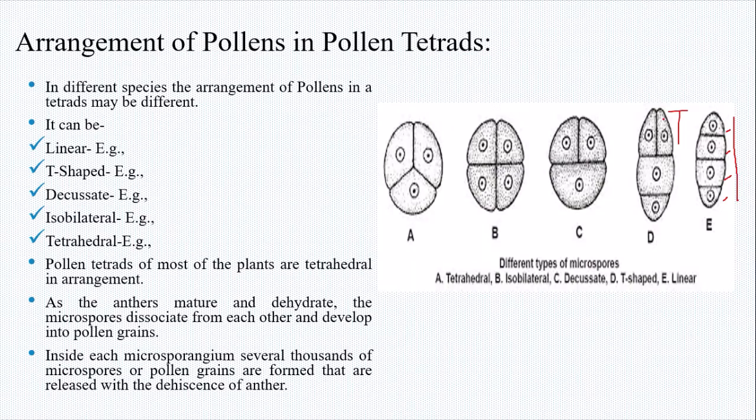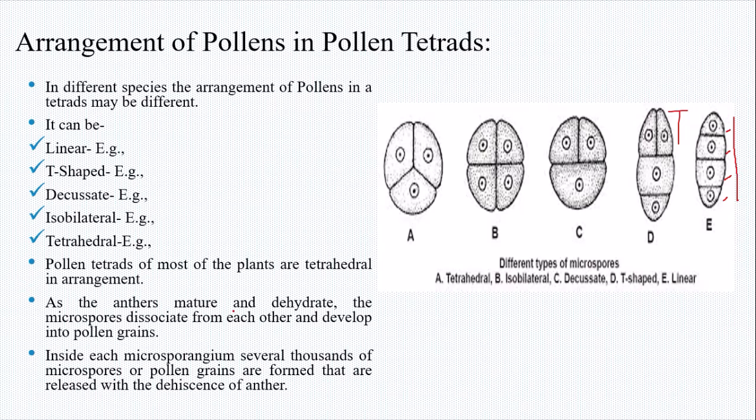These two make the head of the T, and these are the tail of the T. The next one is decussate, you can see here, and the other is isobilateral, where all the divisions are equal and bilateral. Or it can be tetrahedral. Pollen tetrads of most plants are tetrahedral in arrangement. Note that mostly dicotyledonous plants form tetrahedral pollen tetrads.